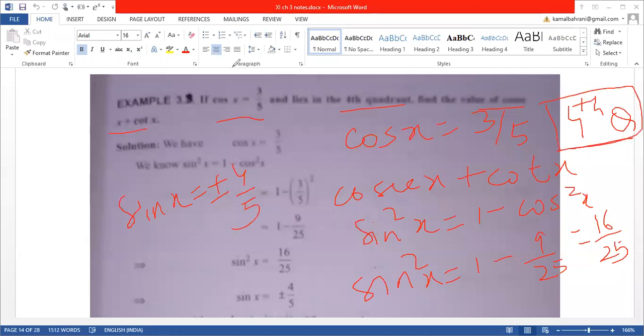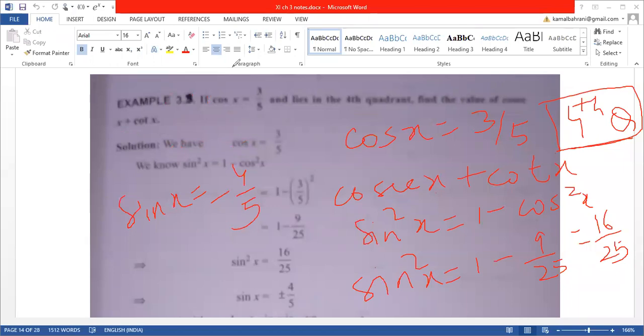In the fourth quadrant, if you remember what we have talked about, I'm writing again and again so that you should remember: all, sin, tan, cos. In the fourth quadrant, cos is positive, so sin will be negative. So the value of sin x which we will consider is minus 4 by 5 instead of 4 by 5. Clear?